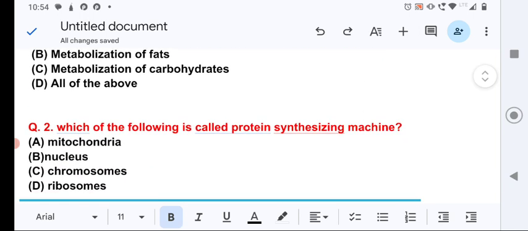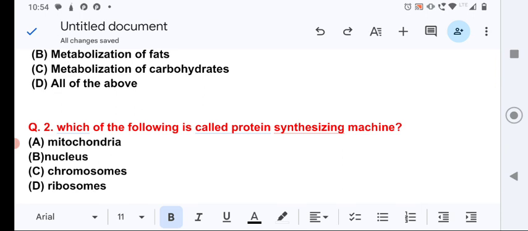In this sequence, my second question is: which of the following is called the protein synthesizing machine? This is the ribosome, which is known as the protein synthesizing machine, and the ribosome is the smallest cell organelle inside the cell.